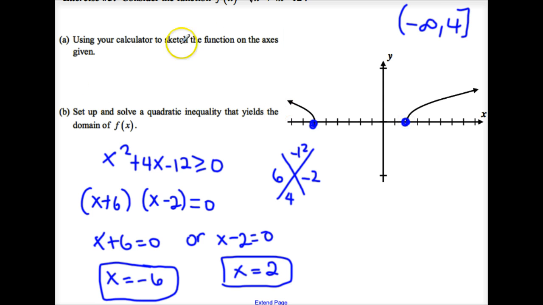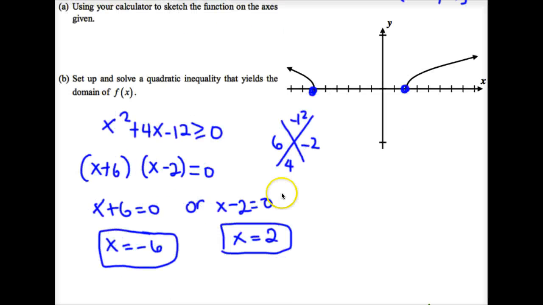Now, how do I get the domain? For the domain, what we need to do is pick some points that are between this, because I know x is going to be at negative 6 and x is going to be at positive 2. So I have to write a set builder, and I want to pick a number. I would always suggest start by picking a number between these two. The easiest number that's between negative 6 and positive 2 is 0.